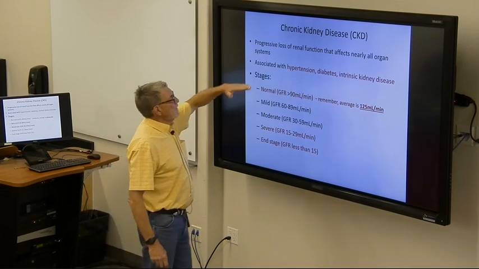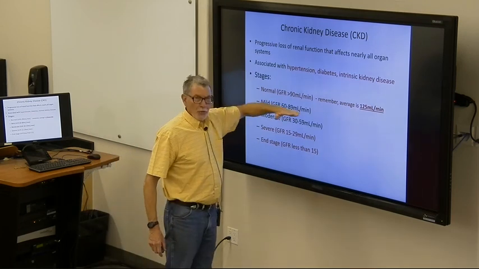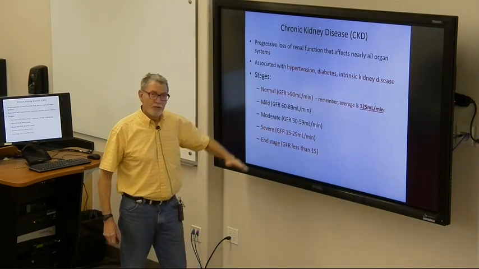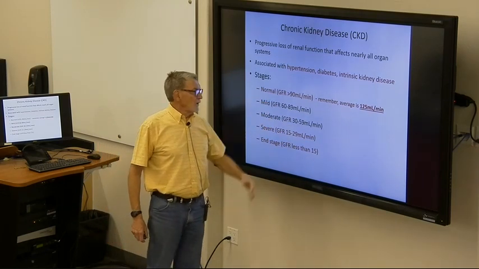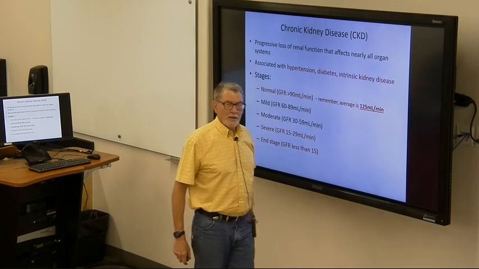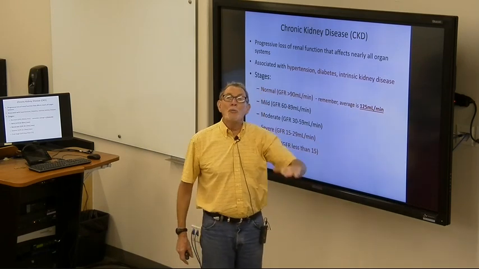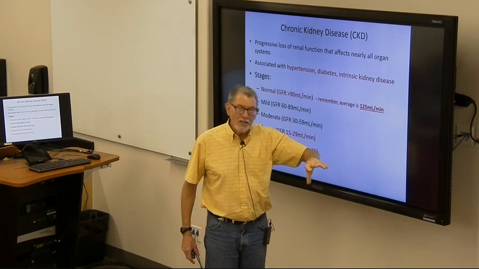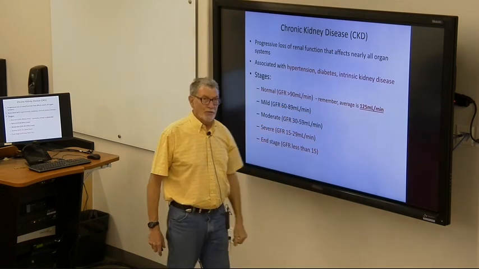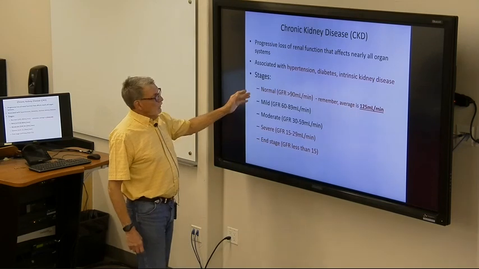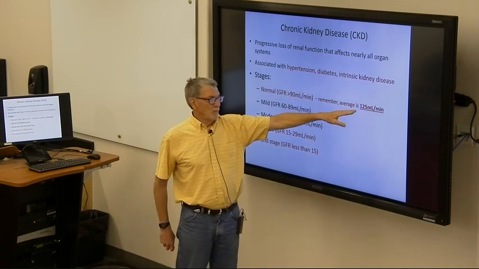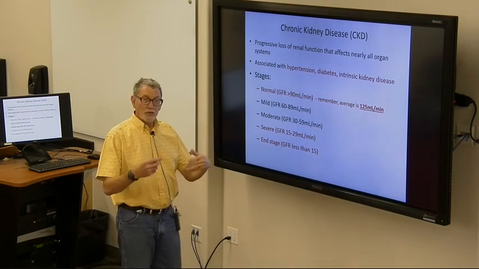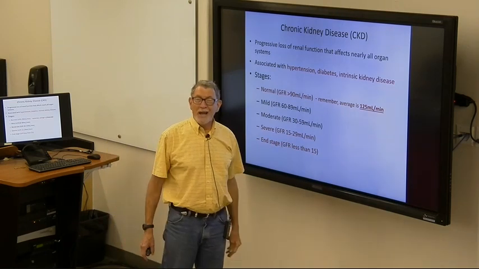And kidney disease results in kidney failure that has some different levels and different stages, kind of like as you lose bone mass, you have osteopenia, and then you have osteoporosis. So normal is about 125 milliliters per minute is normal GFR, or average.